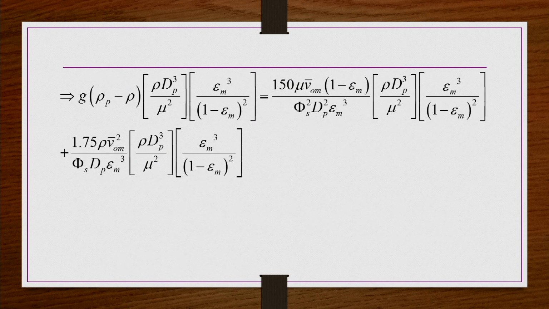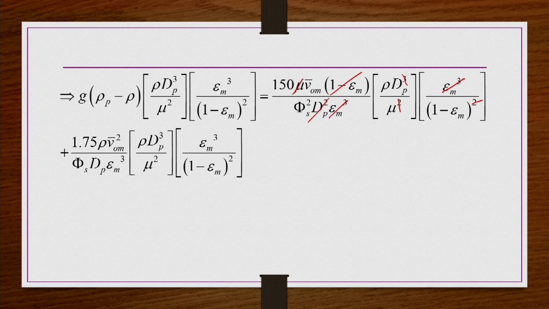Now, on the left hand side I am not going to do anything. On the right hand side, the square of the viscosity and this viscosity term cancel out, the square of 1 minus epsilon_m and 1 minus epsilon_m cancel out, epsilon_m cubed and epsilon_m cubed cancel out, and this dp squared cancels with the cube of dp, so there is one dp left.